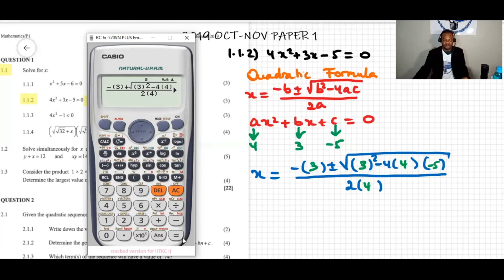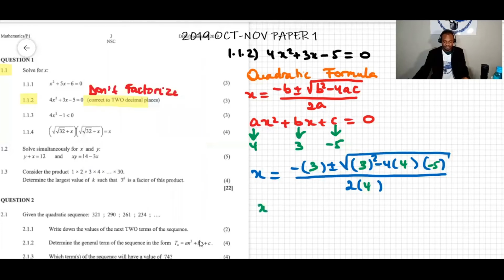Now, if we press equal, we will have x is equal to -3 plus the root 89 over 8. So that makes x equal to -3 plus minus root of 89 over 8.